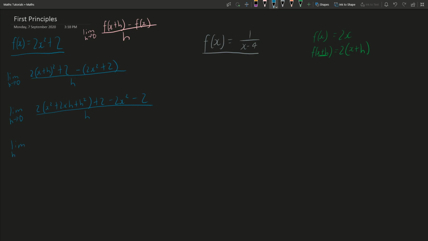Limit as h approaches 0, we have, so the fully expanded form now, 2x squared plus 4xh plus 2h squared plus 2 minus 2x squared minus 2 over h again. And you can see there's quite a lot of terms here to deal with. It's nothing too complicated. It's really just making sure you don't make small errors.